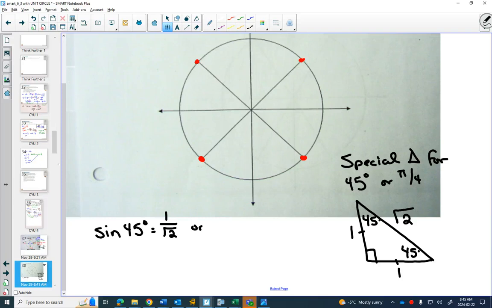And you'll see sometimes people will write sine of 45 as 1 over root 2, and sometimes they will rationalize the denominator. Remember this from grade 11? And write it as root 2 over 2.